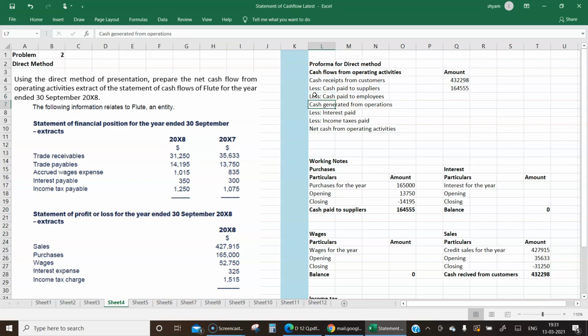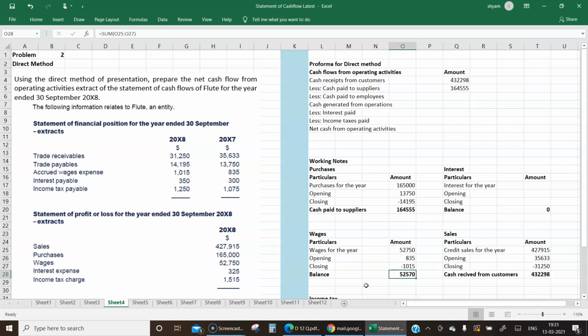The next one is wages. The current year wage is 52,750. This is for the current year, and last year we had not paid 835. This year we have a pending of 1,015.